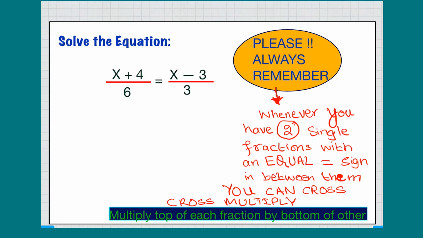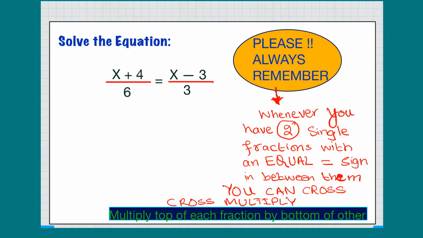So see, I've got only one line, x plus 4 over 6 is one single fraction. On the other side, x minus 3 over 3, only one line, which also shows us that it's a single fraction. What you need to do in that case, with an equal sign in between, you can always cross multiply them. That's one way.